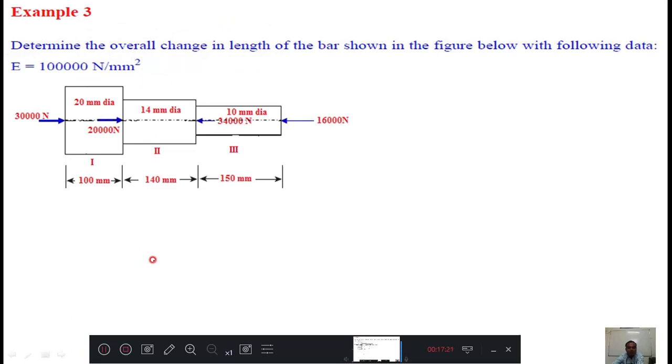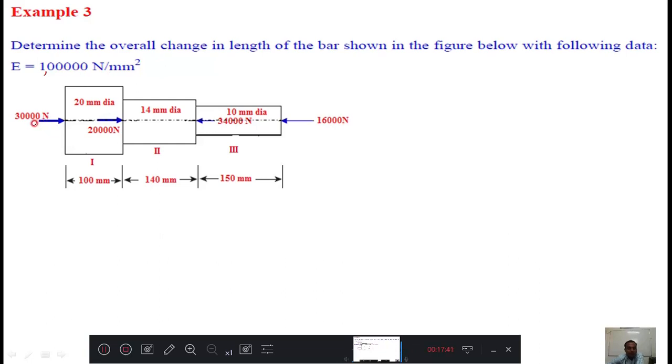Now coming to this problem, it is somewhat critical, very nice. Now see here, determine the overall change in length of the bar shown in the figure below with the following data, where E is equal to 1 into 10 raised to 5 Newton per mm square.